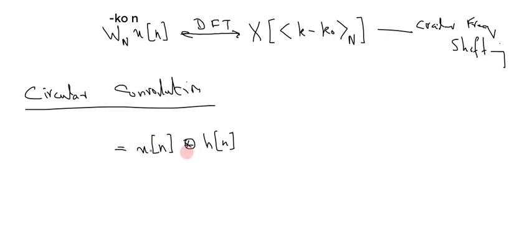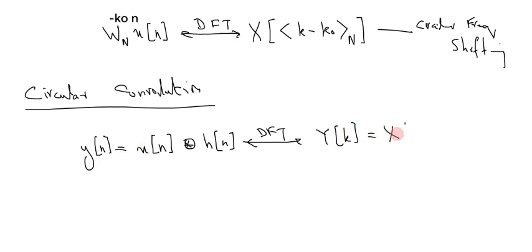This is the symbol of circular convolution. Then the discrete Fourier transform y of k, which is the DFT of y of n, is equal to the product of x of k and h of k.